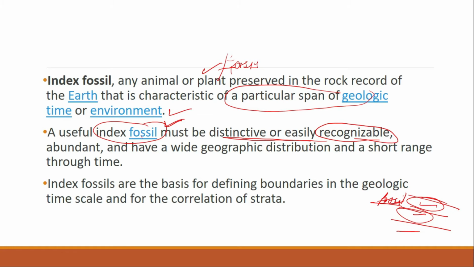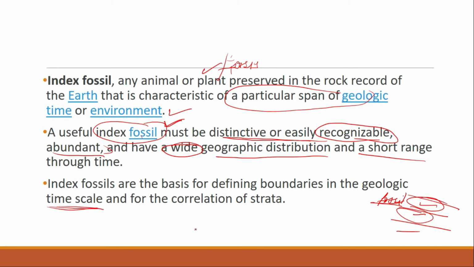So it should be easily recognizable and it should be abundant. It should be widely distributed. As I just told you, the geographical distribution should be wide, but the geological distribution, the range of time in which it existed, should be short. Now these index fossils are the basis for defining boundaries in the geological time scale.